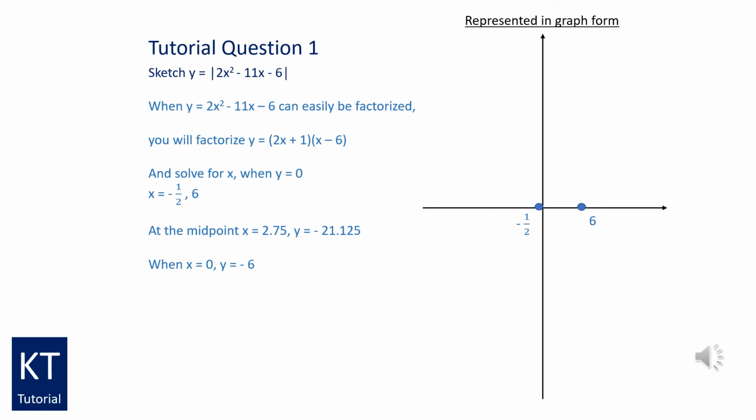From the midpoint of the given two x values, we will be able to identify the values for the minimum point of the graph. And for completeness, we'll identify the value of y when x equals 0 to locate the position at which the graph cuts the y-axis. From here, we should be able to plot the required U-shaped curve.